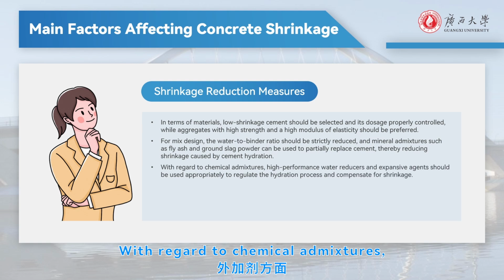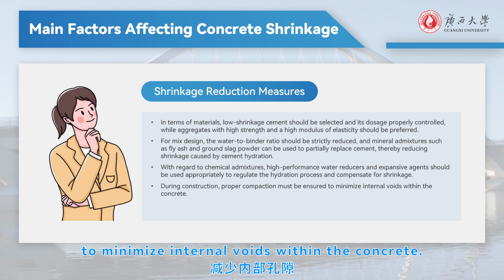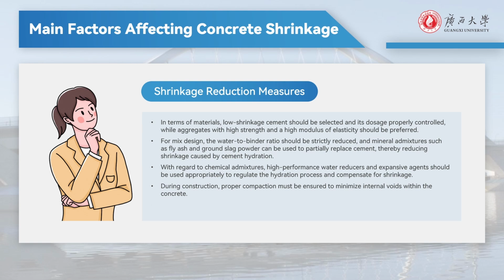With regard to chemical admixtures, high-performance water reducers and expansive agents should be used appropriately to regulate the hydration process and compensate for shrinkage. During construction, proper compaction must be ensured to minimize internal voids within the concrete.